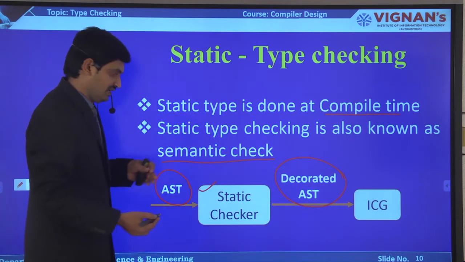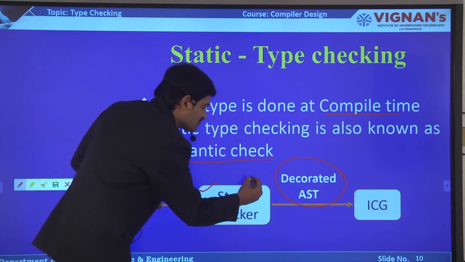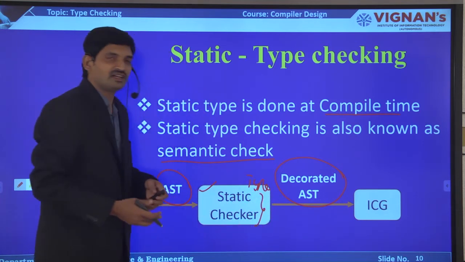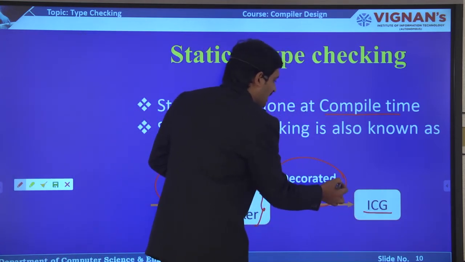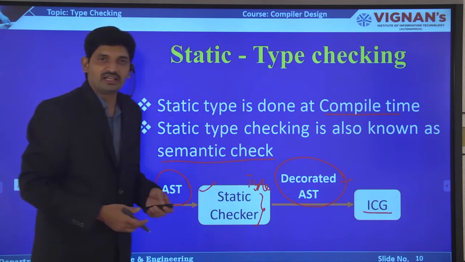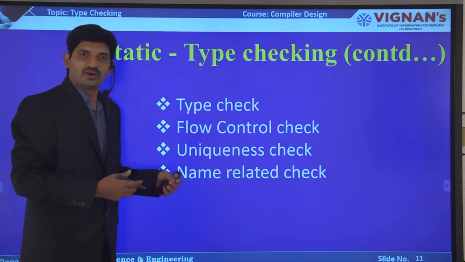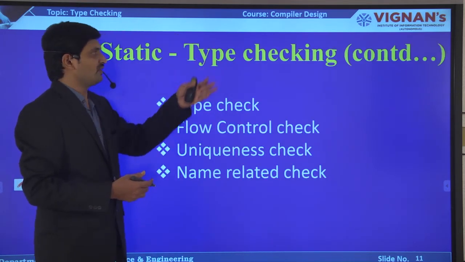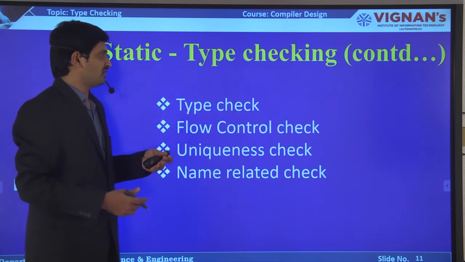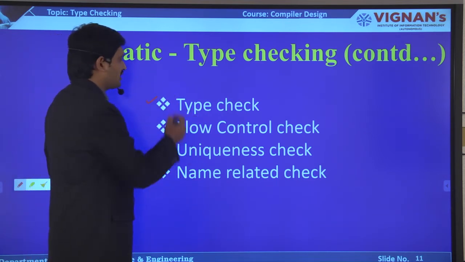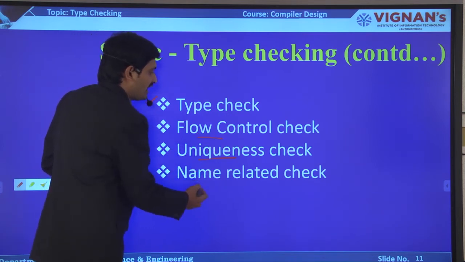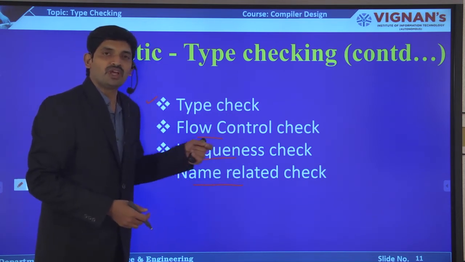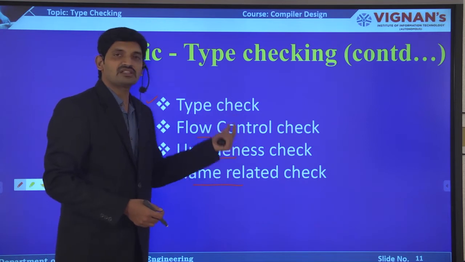In the previous slide we called this the type checker only, but here we name it the static type checker, and it generates the input for the ICG as the decorated AST. Now the various types of static type checking: there are 4 types: type check, flow control check, uniqueness check, and name related check. We are going to discuss all these in detail.